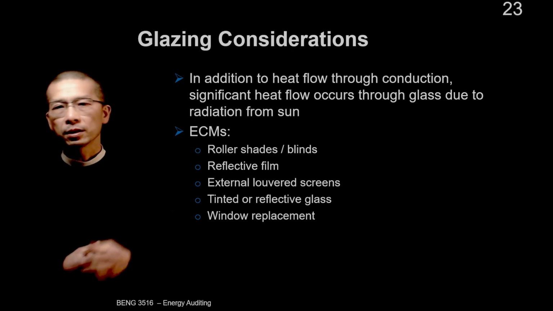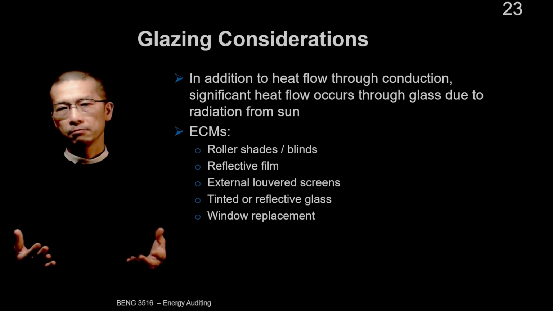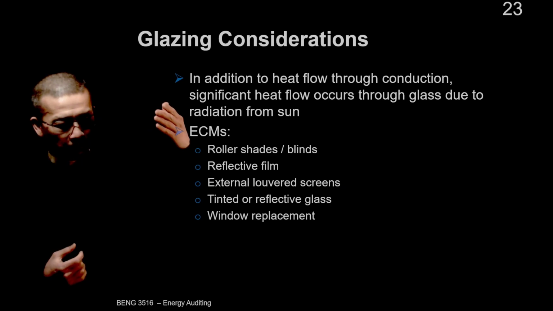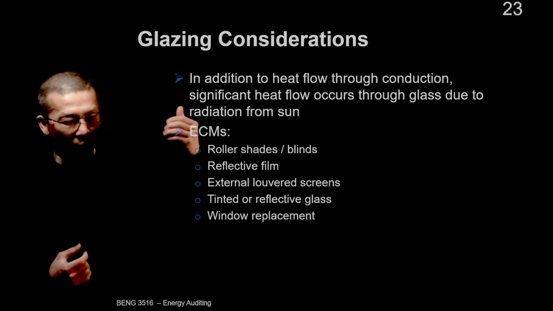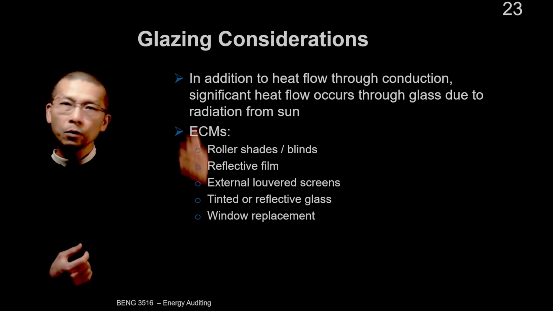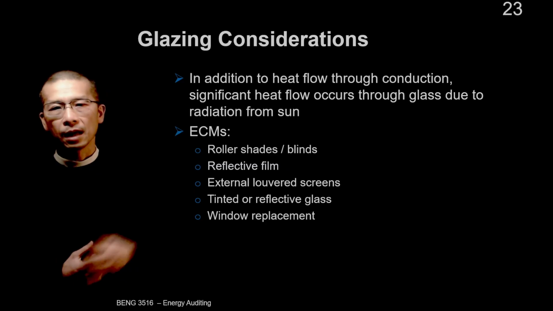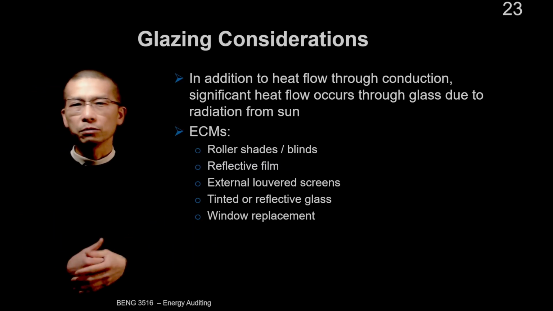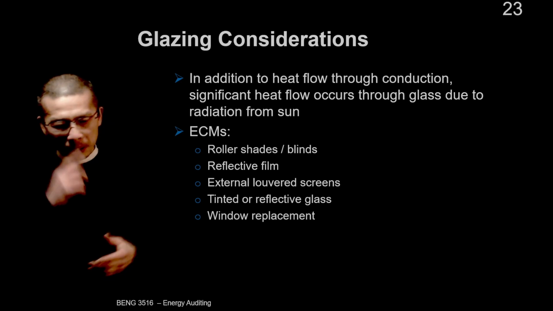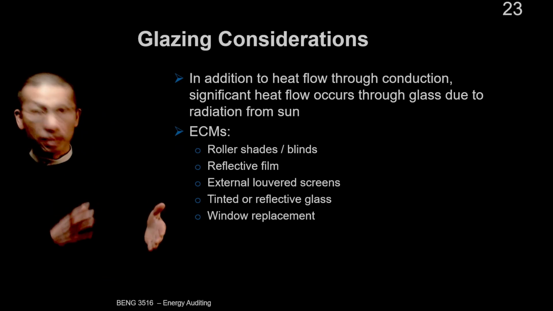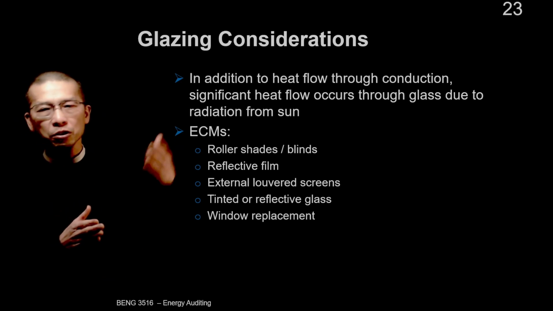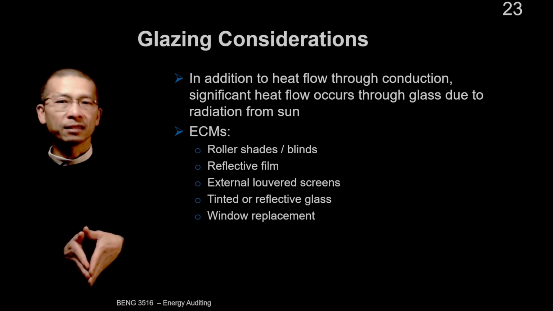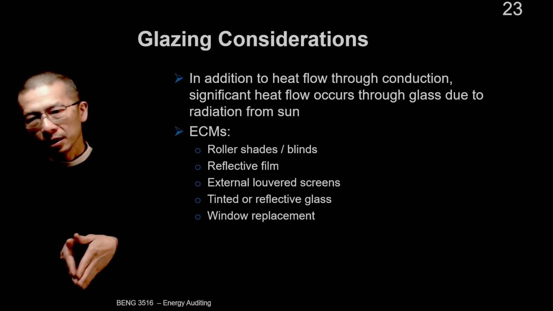And to address that, what can we do? Well, to reduce the solar heat gain, we can use blinds and or roller shades, right? They are usually inside, so they will still trap the heat inside the glass, inside the building.